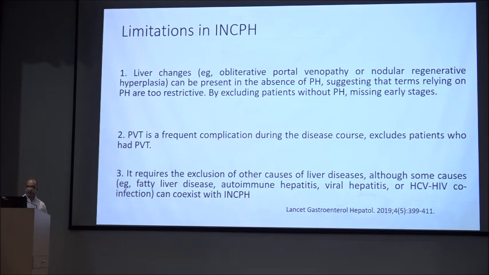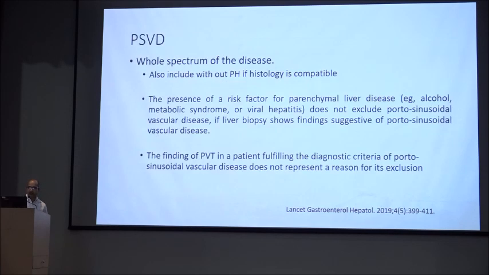Portal vein thrombosis is also to be ruled out in case of NCPH, but since it is a spectrum of similar disease, the PVT can develop in cases of NCPH as well. And it requires the exclusion of other diseases, but the similar features of NCPF can be coexistent with other parenchymal liver diseases.